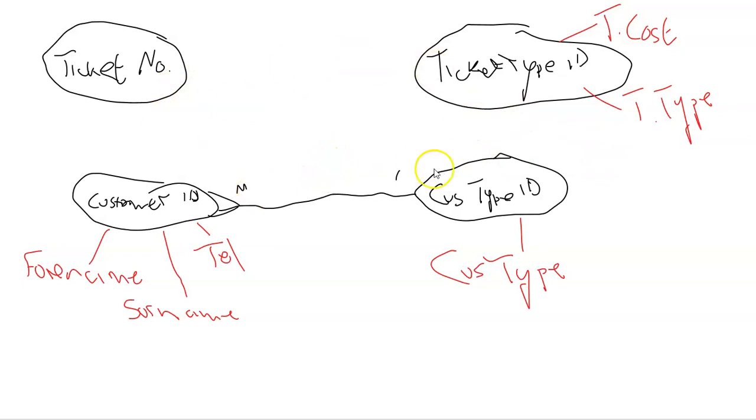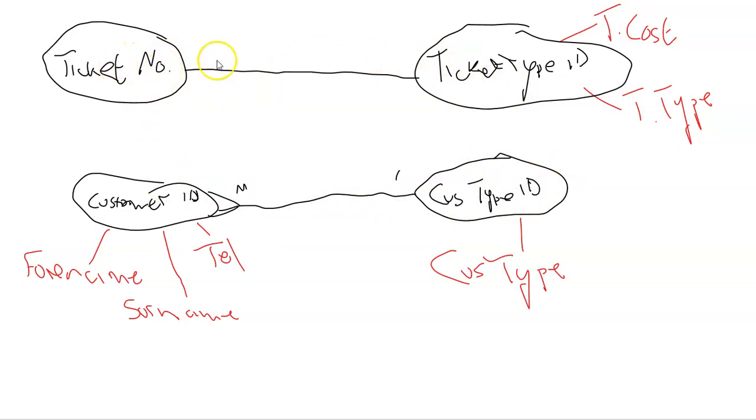Now we do have to connect all these tables together, which means we can assume if there's no relationship between customer type ID and ticket type ID, and no relationship between customer ID and ticket type ID, there must be a relationship between ticket type ID and ticket number, and at the moment our database isn't interconnected.